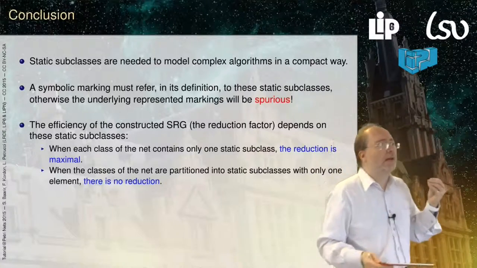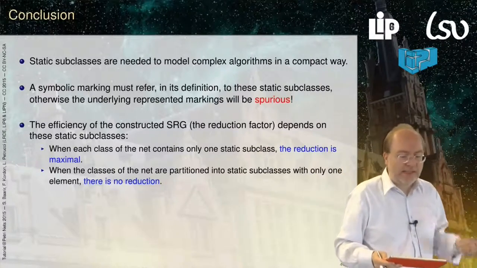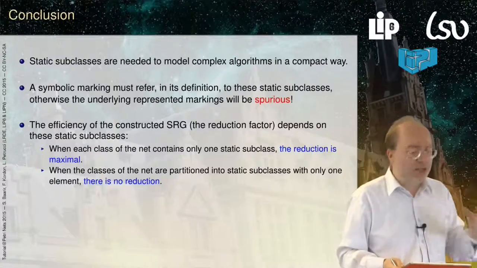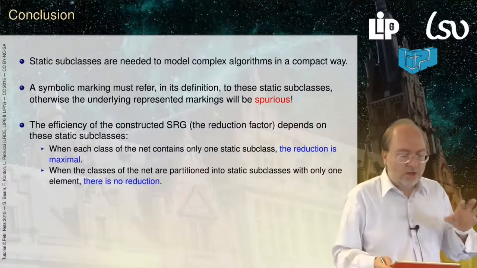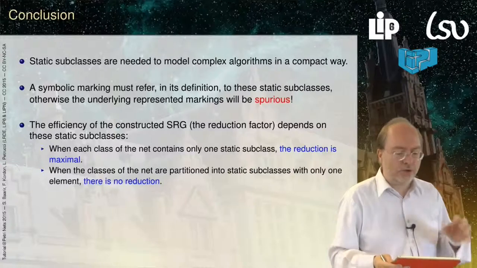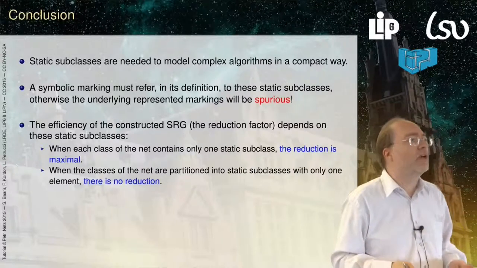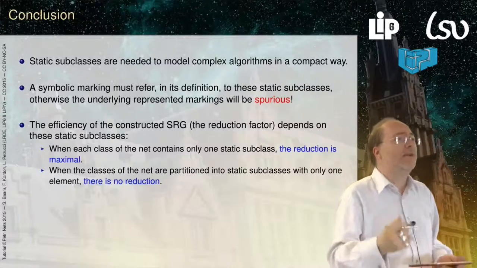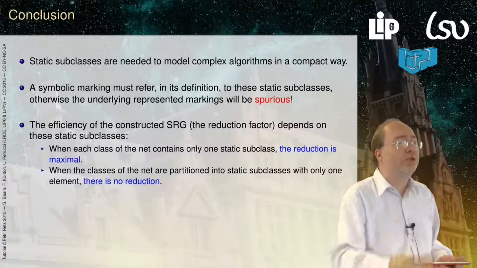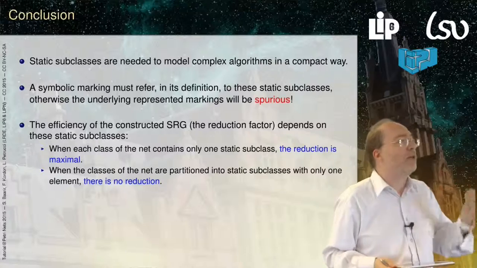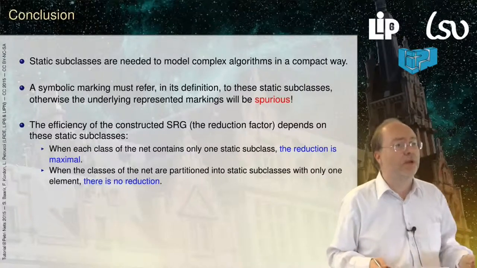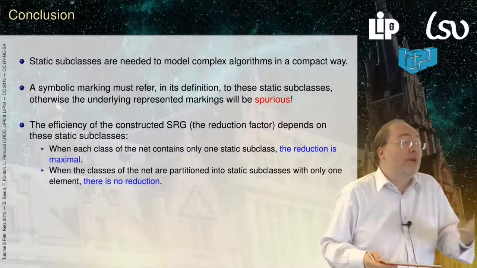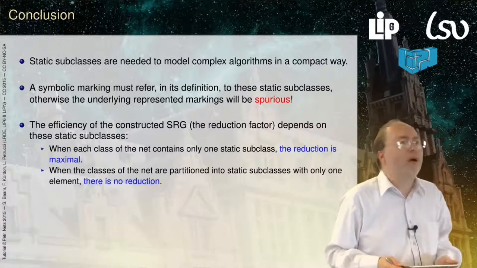So, as a conclusion, static subclasses are needed and useful to model complex algorithms in a nice way. They are also a way that can be deduced automatically from your specification. Initially, they were meant to be provided by the user. But if the user makes a mistake, it can be a problem.